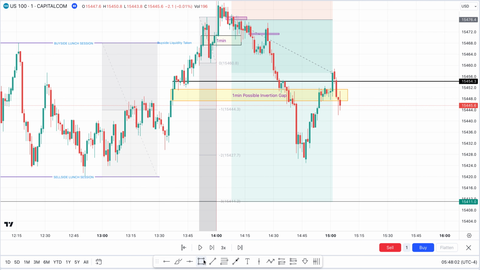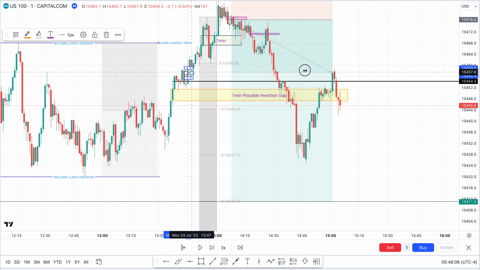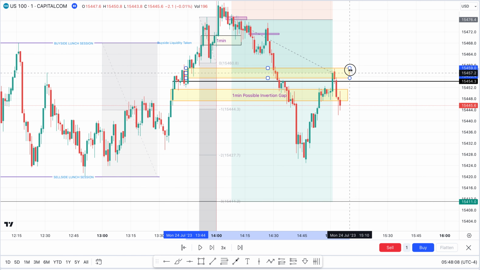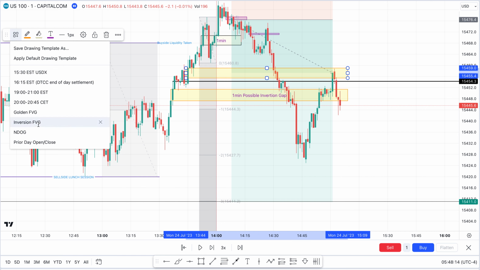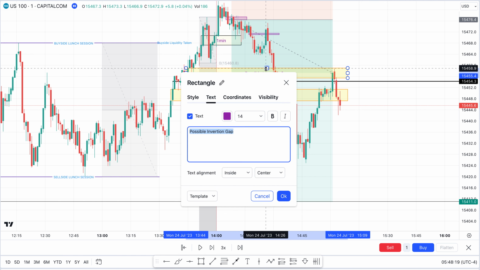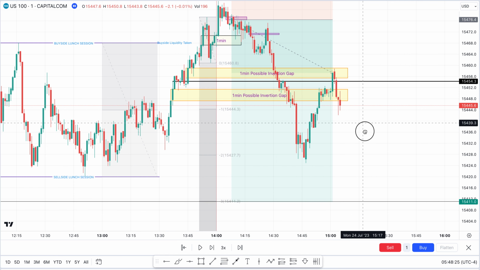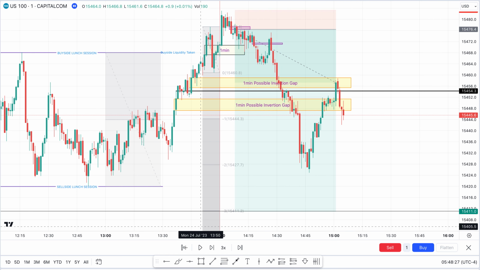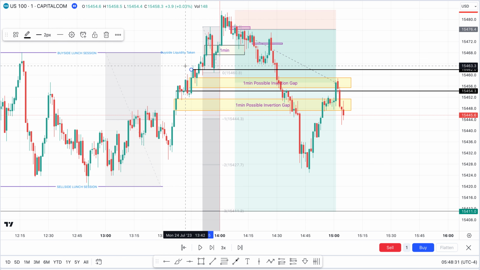And there's another inversion fair value gap I missed now, up here. Oh, this high, that I want to stay intact.